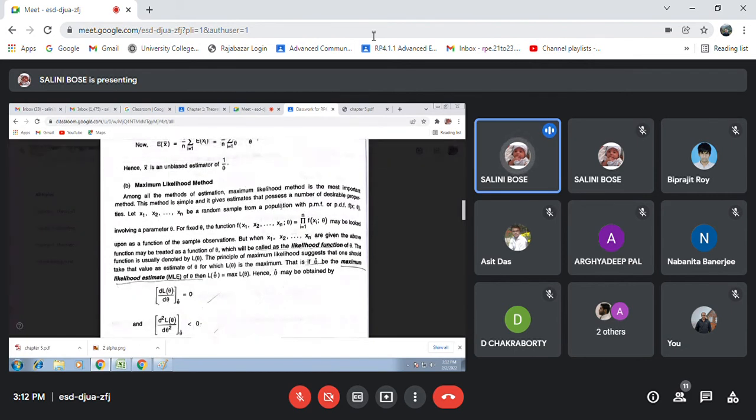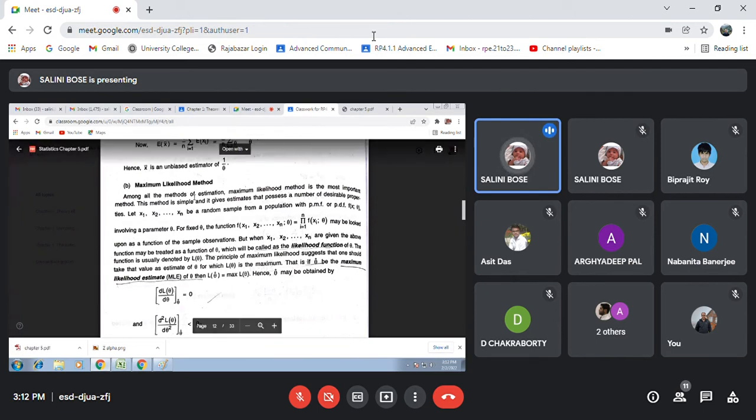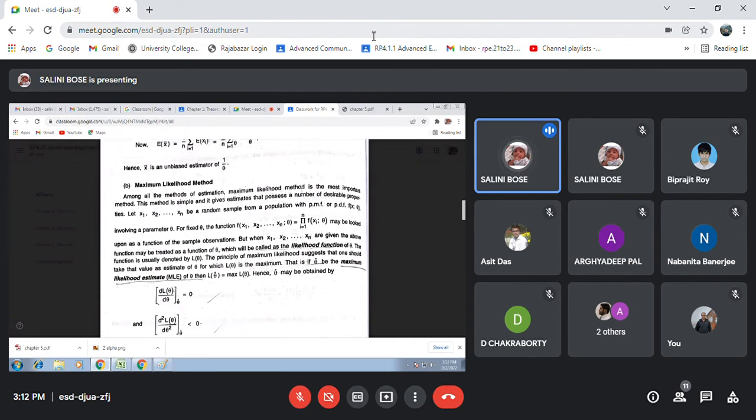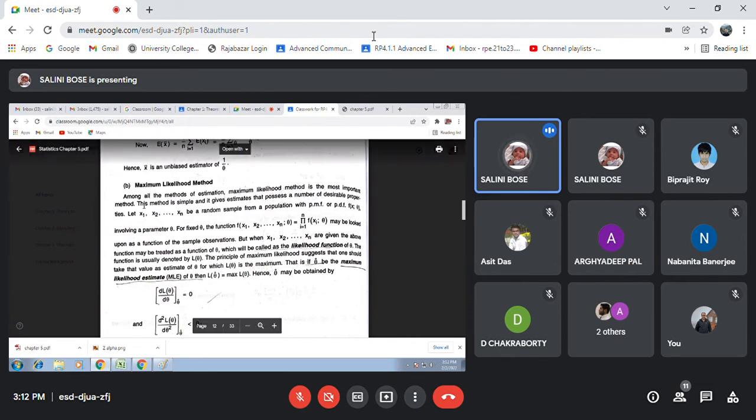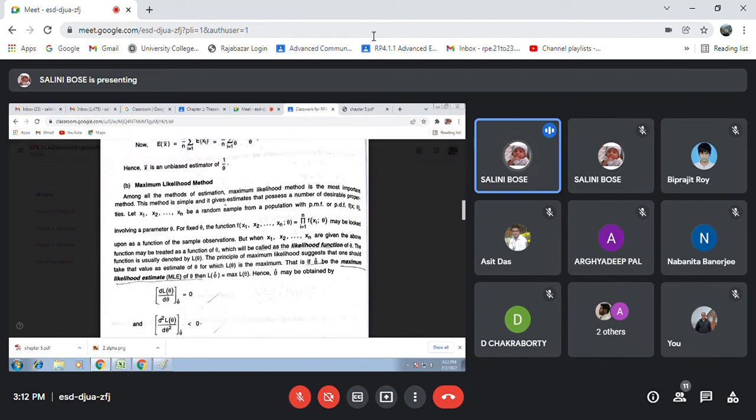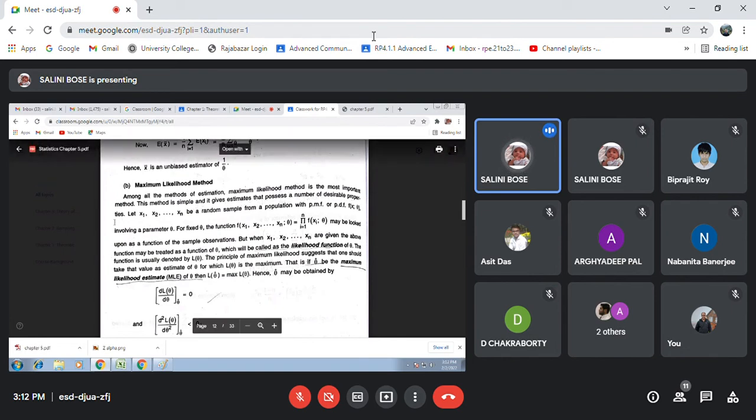And the next one is the maximum likelihood method. Just see, among all the methods of estimation, the maximum likelihood method is the most important method. This method is simple and it gives estimates that possess a number of desirable properties.